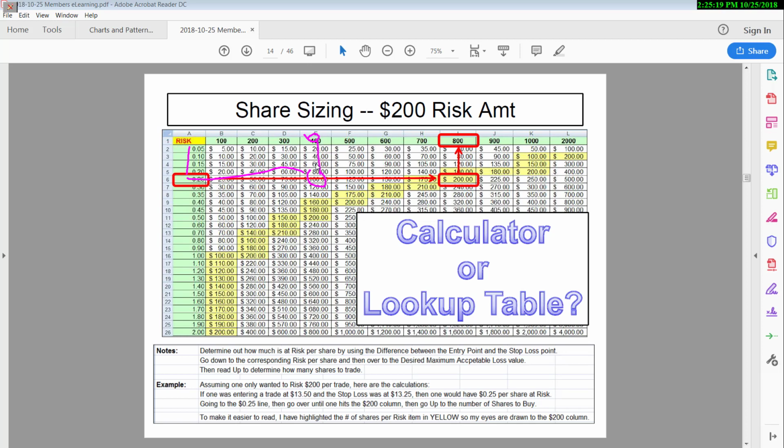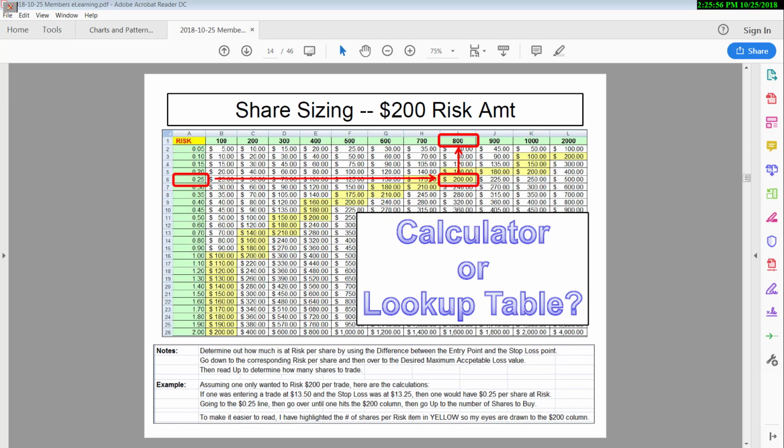Okay. Let's go to the next slide. While we're at it, I am going to see if I've got the $100 risk share sizing here, and I'll post it. There's a PDF of it, and here's one for 200, and it's in Excel.